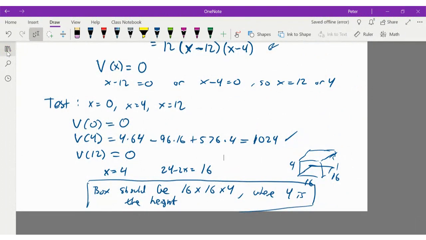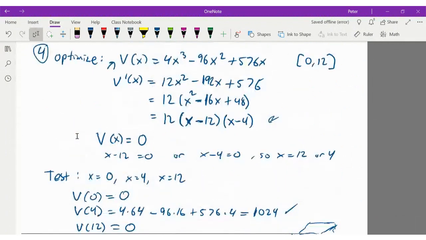V of 12 equals 0. This question is, can I explain how V of 12 equals 0? Well, for one thing, what you could have done is just, if you plugged in 12 into the original V of x that appears at the top of the page, you would get that. I just didn't want to spend the time doing the arithmetic.